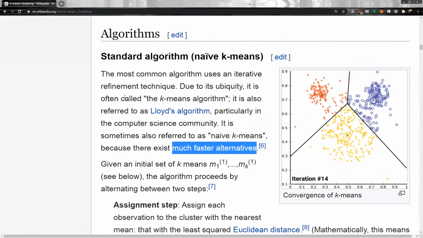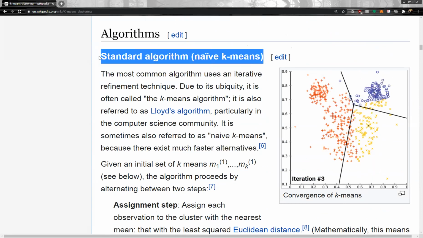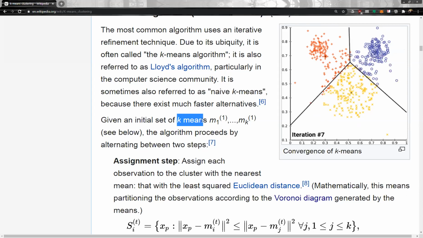So then, what is the standard naive k-means algorithm? Because we need to partition data into K sets, we first select the initial set of K means.